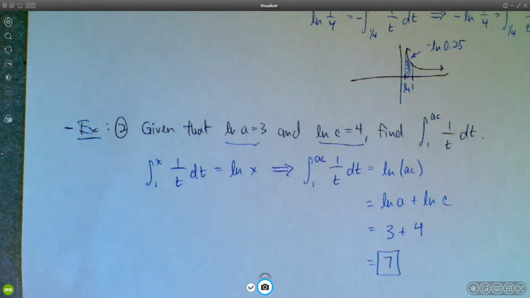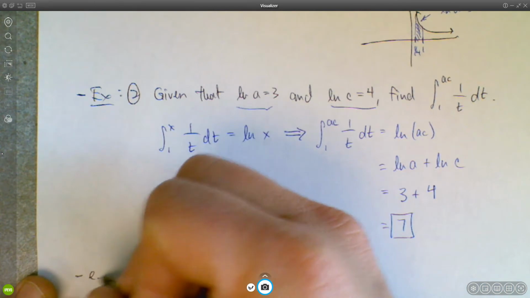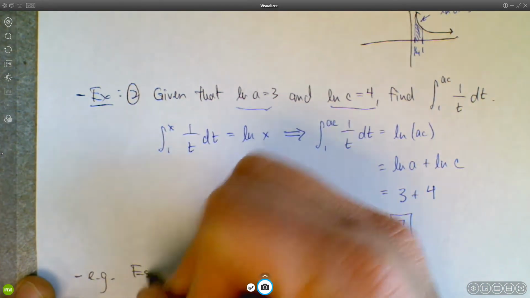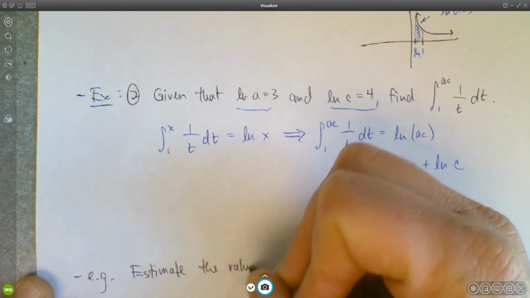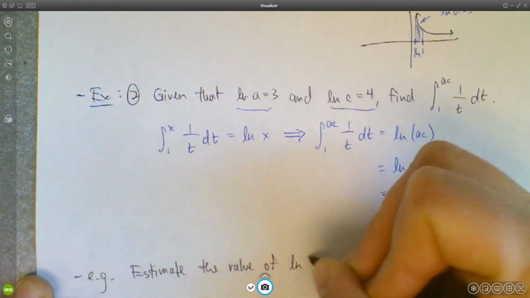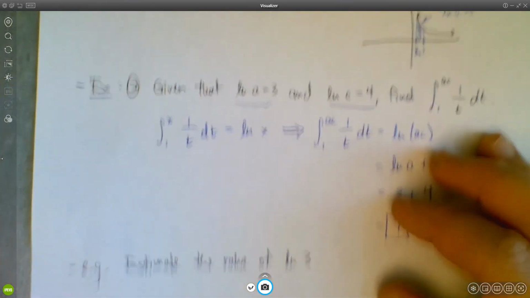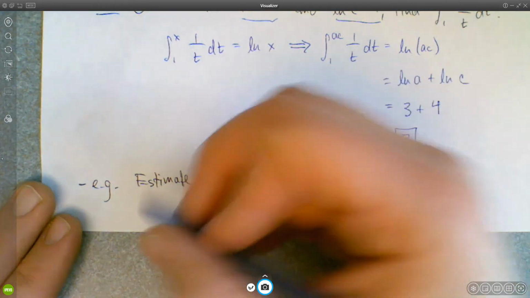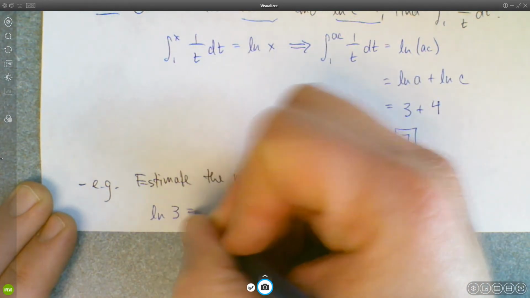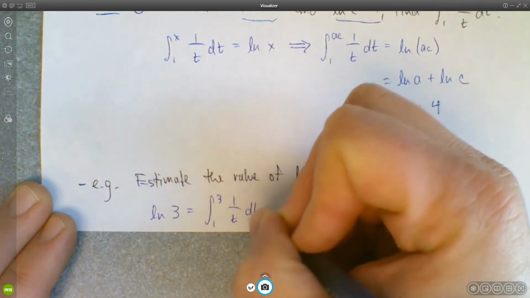There are other things that we can do. For example, we could estimate the value of natural log of 3 or natural log of 2 or whatever, right? I'm not going to work this one out in detail. In order to do that, we would use the integral definition. I know that the natural log of 3 is the integral from 1 to 3 of 1 over t dt.